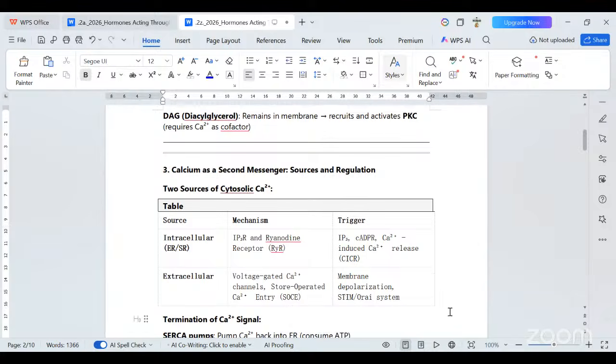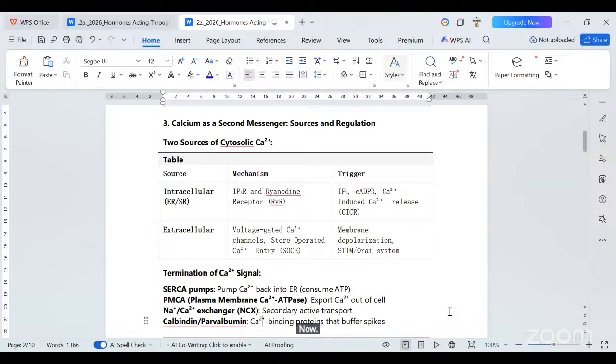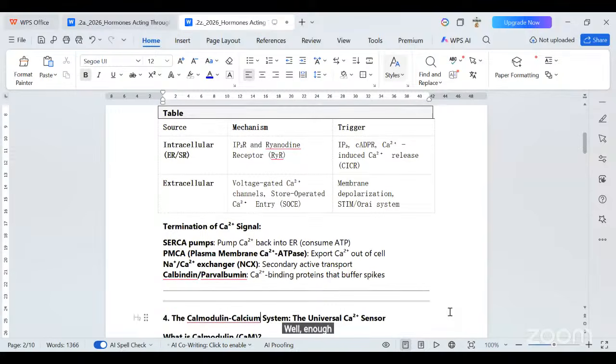Now, when enough calcium has been released, how is the reaction stopped? The reaction is stopped via the SERCA pumps. The SERCA pumps are calcium channels.